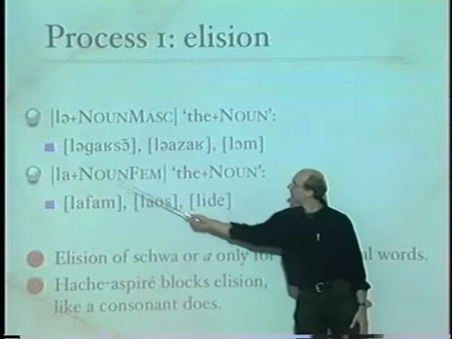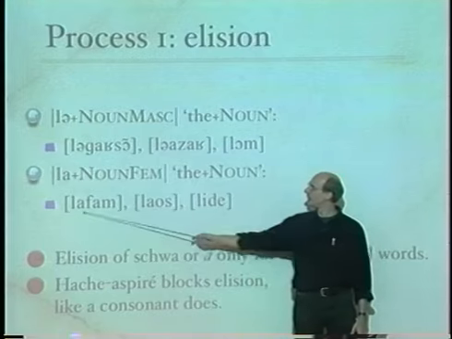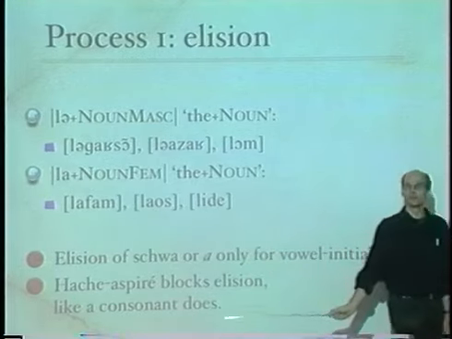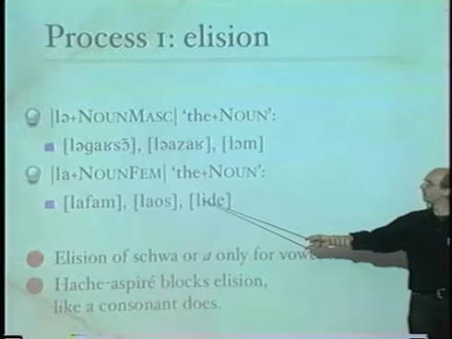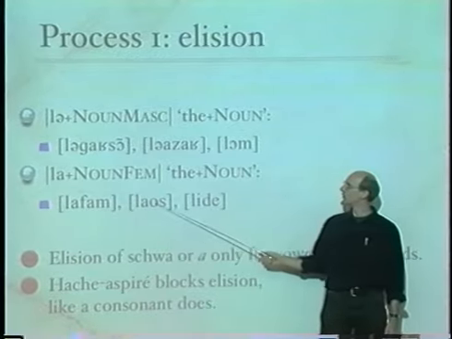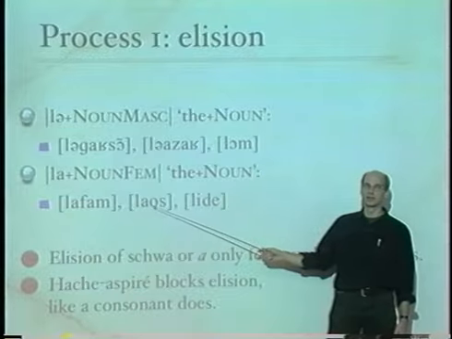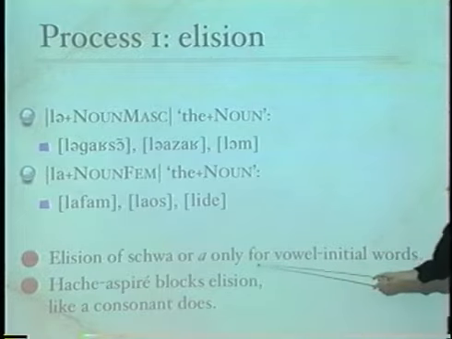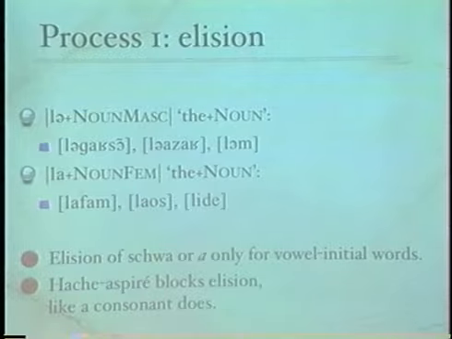Feminine words, la plus a feminine noun, you say la femme, la os, l'idée. So elision of a only in vowel initial words, not in consonant initial words, and not in H aspiré initial words. So elision of schwa or a only for vowel initial words.